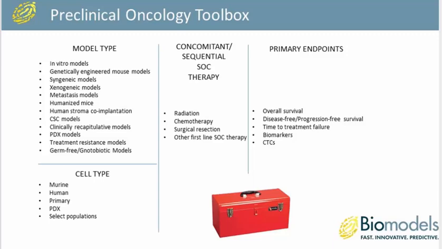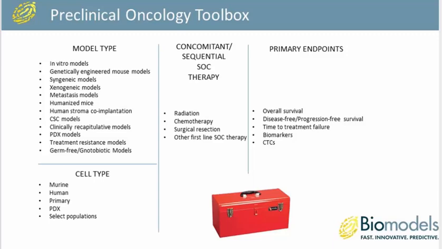We have PDX models that are more closely coming from patients, that often come with very detailed patient information, and also germ-free or gnotobiotic models. These are animals that are raised in a germ-free environment and can be colonized with microbiome that's either clinical or specific bacteria.